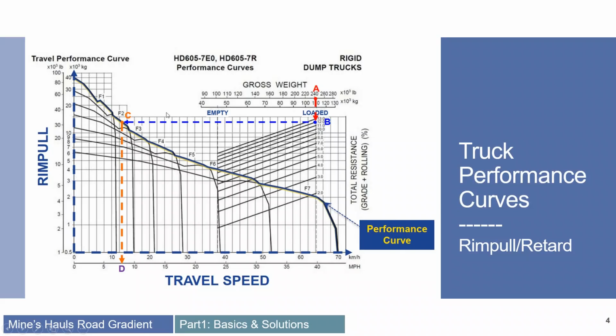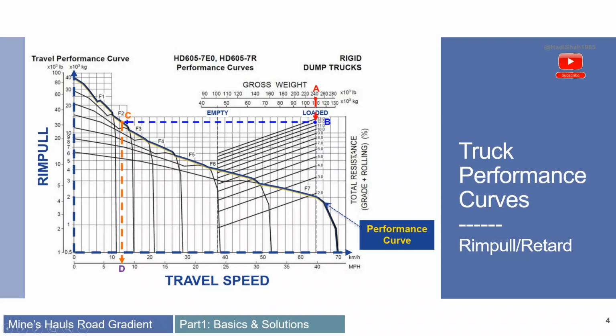For example, if you want to find the traveling speed of this truck loaded to a gross weight of 110 tons, starting from point A, follow down to find one of these oblique lines which represents the gradability of your road and ramp.